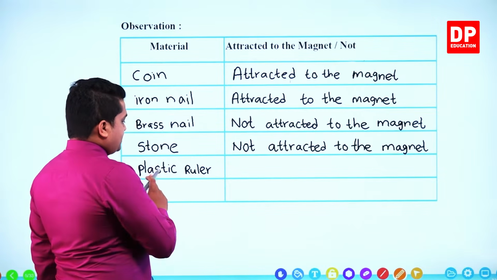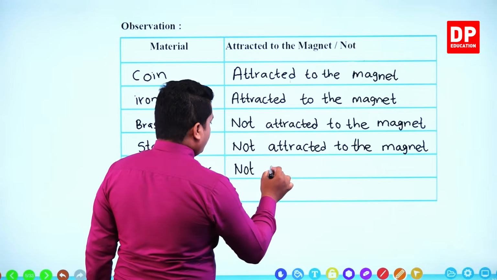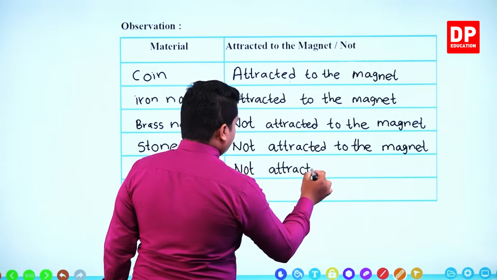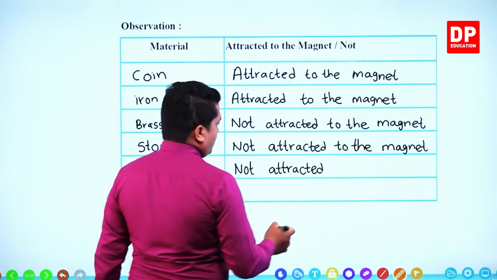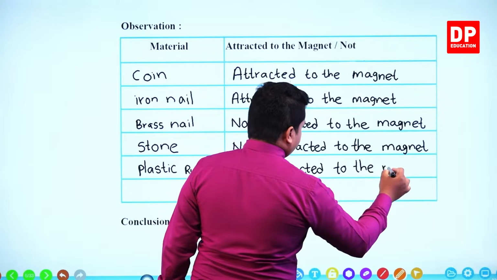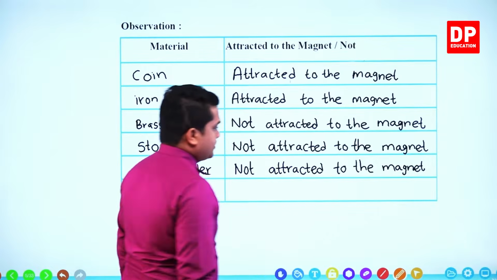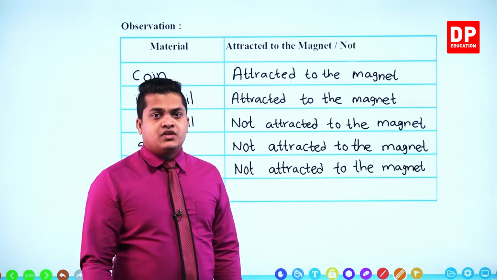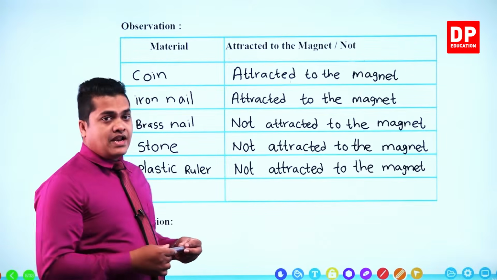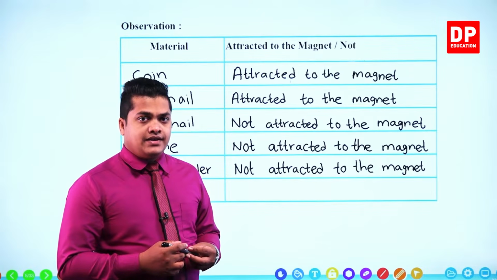Then finally the plastic ruler. Plastic ruler was also not attracted to the magnet. So these are our observations from the activity. You can observe there are certain materials which are getting attracted towards the magnet, and there are certain materials which are not.